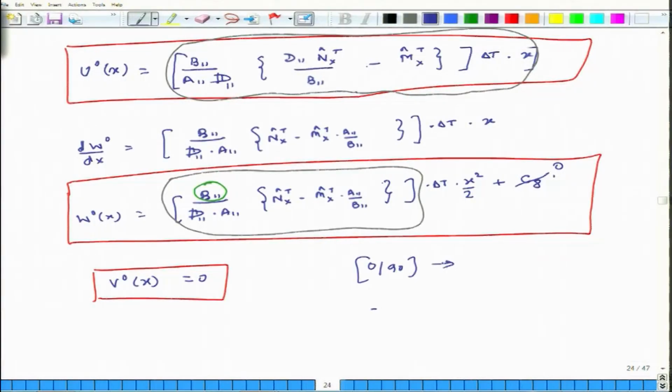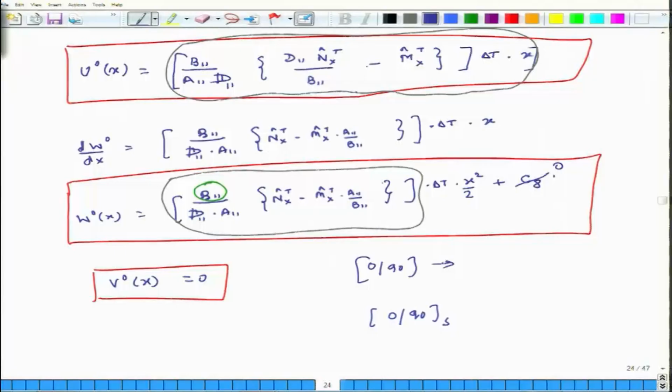Suppose the plate was symmetric, let us say it is 0, 90 symmetric, and then we heat it, then we would not expect the plate to bend. Delta t will be non-zero, but then what will make the plate not bend?